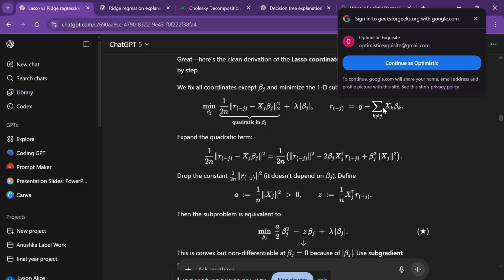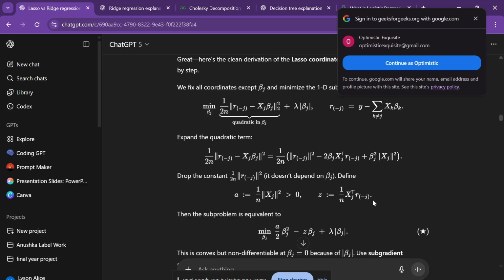So you are trying to check, when you do not consider x2, are the other parameters contributing towards the loss or not. And you have already optimized x1. In that case what happens is your r minus j and xj transpose become perpendicular to each other, right?